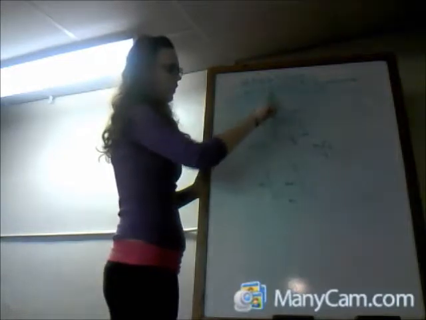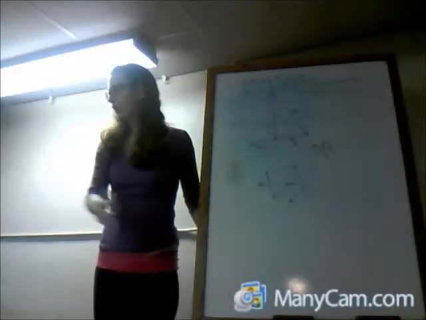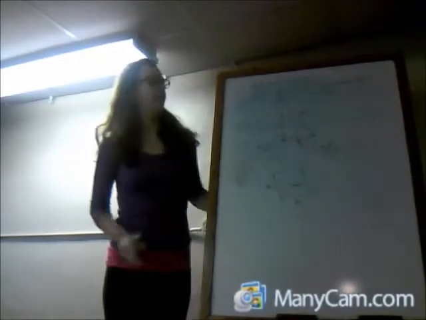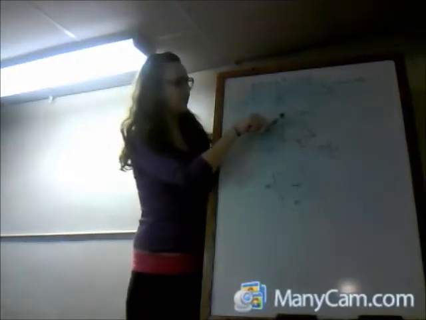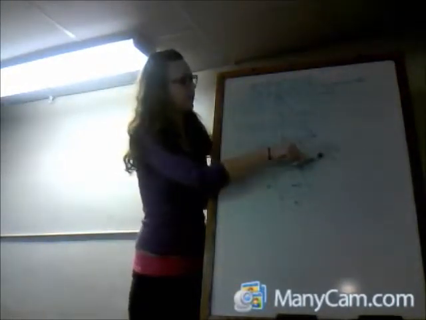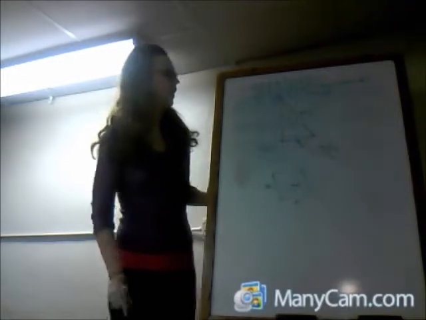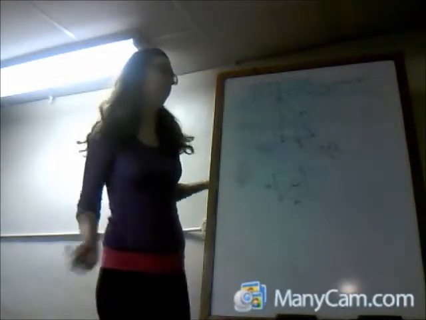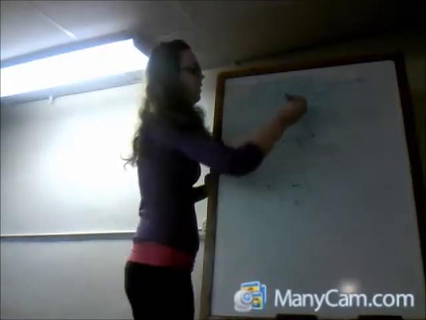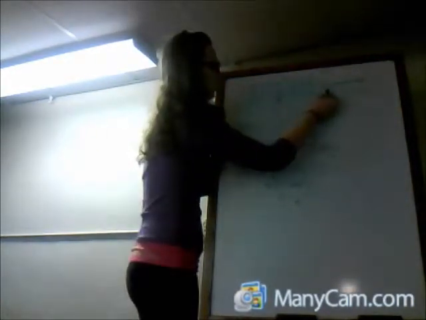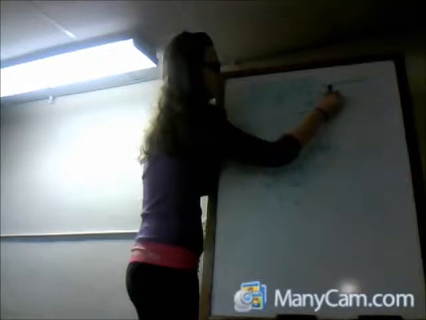I'm just plugging in. Actually, can you guys see this at all? Okay. So this is h, and this is m root 2 over 2, and this is m. We're just plugging all of that in. Great. And now it's just a matter of solving, and we can go through it really quickly. h squared plus 2m squared over 4 equals m squared.